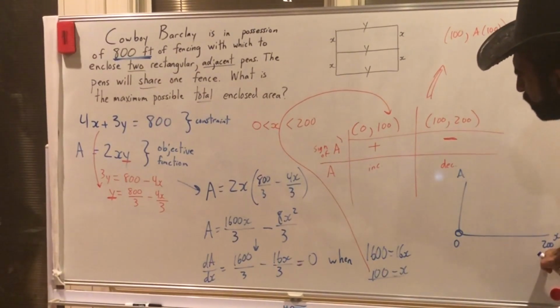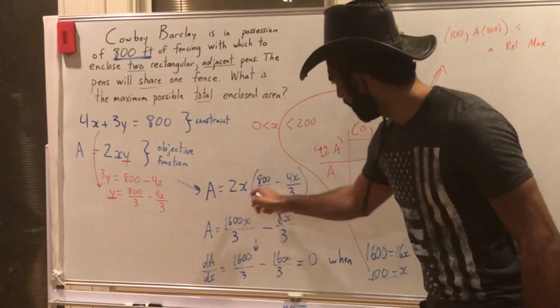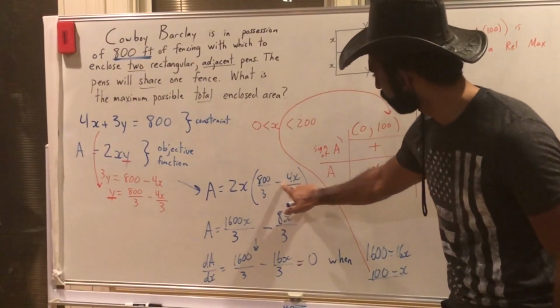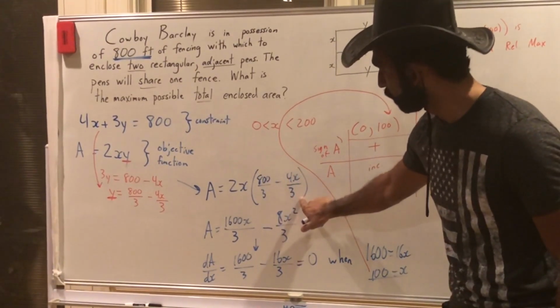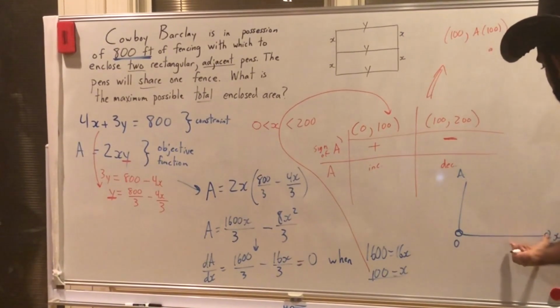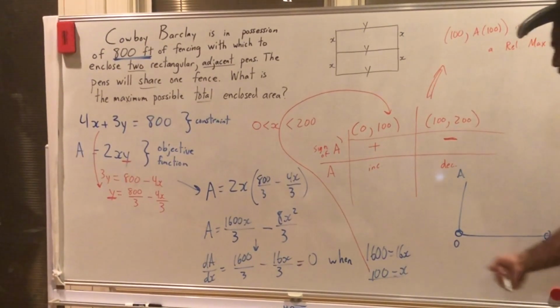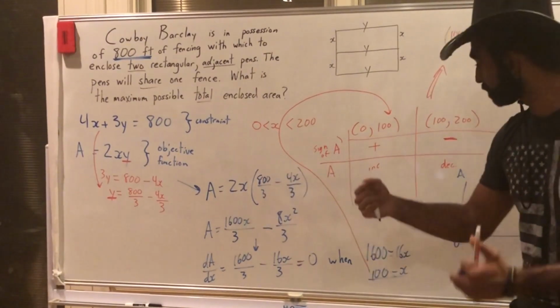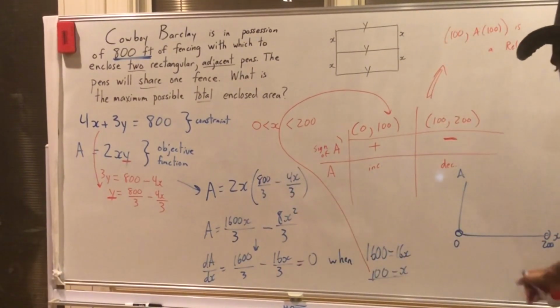Likewise, x is not allowed to be 200, but were x to be 200, I would have 800 over 3 minus 800 over 3, which gives me 0, so I got a hole there.